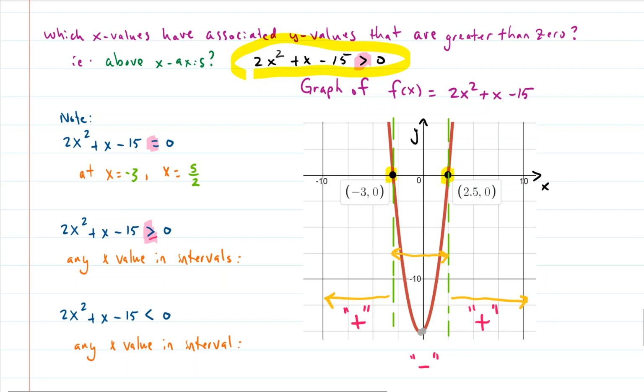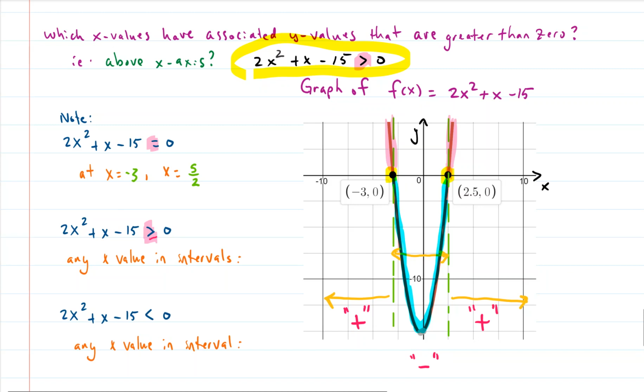And I can make this a little more visible by using my highlighter and highlighting blue in the area that's below, and I highlighted pink in the area that's above. So the blue area is below, the yellow area is equal to 0, and the pink area is above the x-axis.